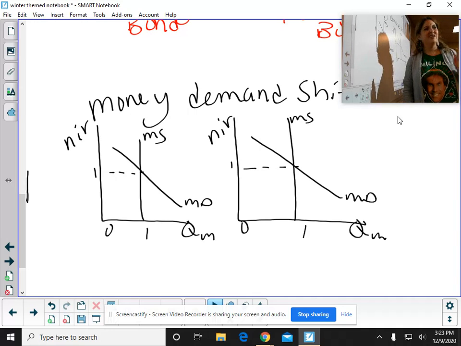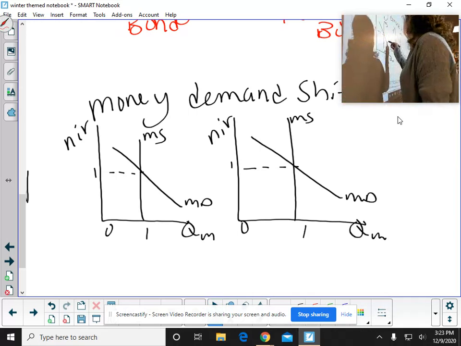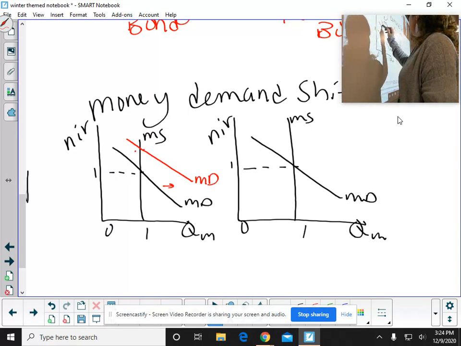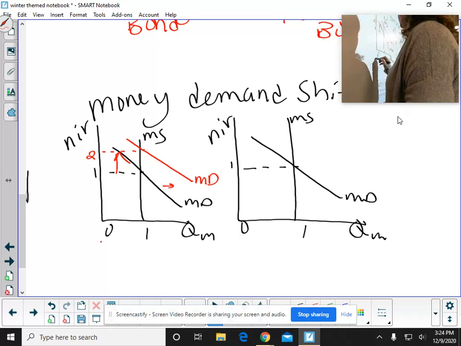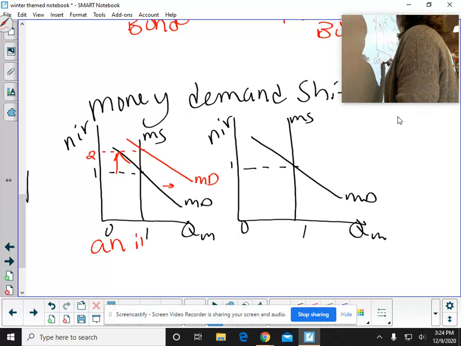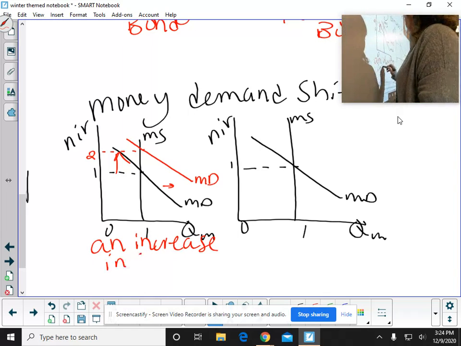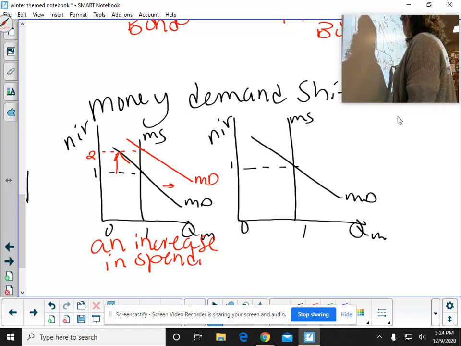Every time you say, you know what, I don't need to buy that, money demand is shifting to the left. This is caused by more spending. When money demand shifts to the right, that is because people are spending more money. So an increase in spending. Actually, it's technically an increase in spending cash.